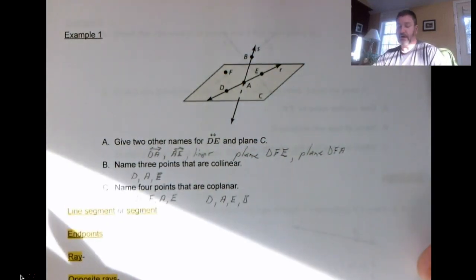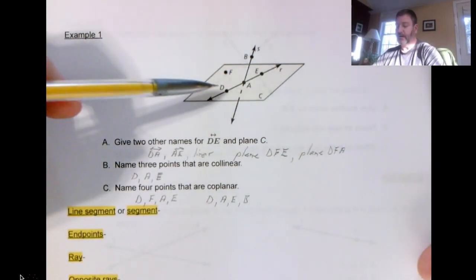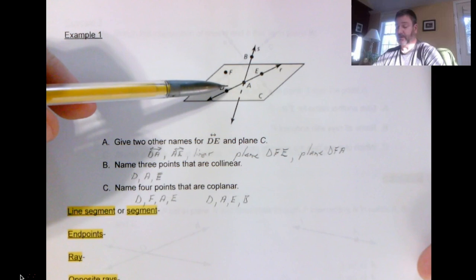And this one's not as obvious of an answer, but it's a plane that's not drawn in this picture.